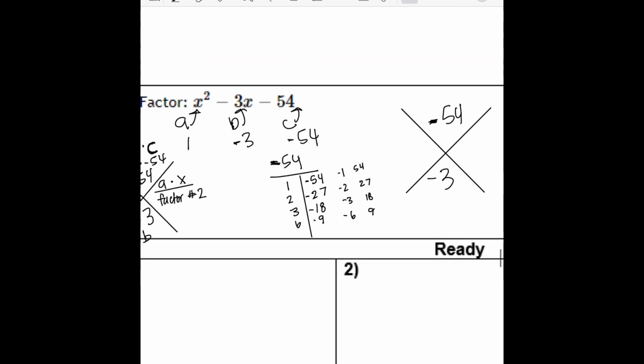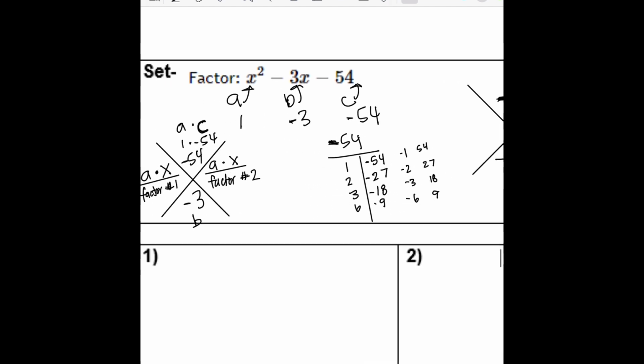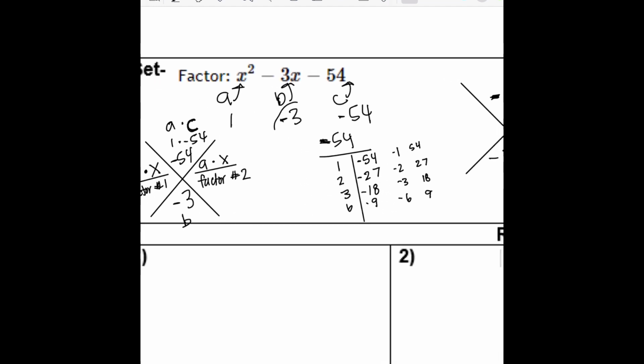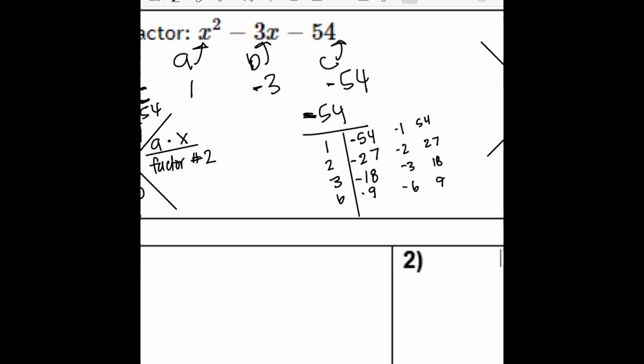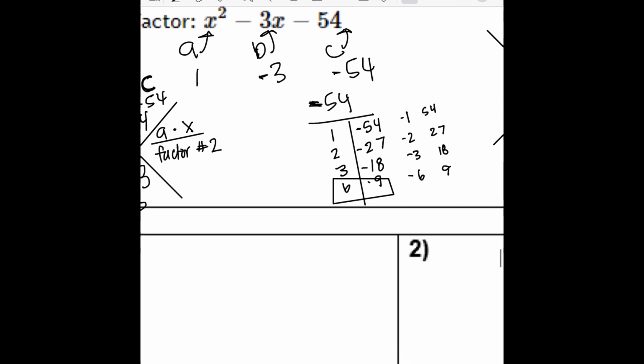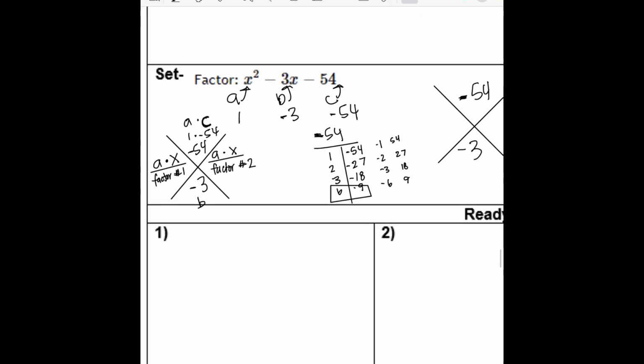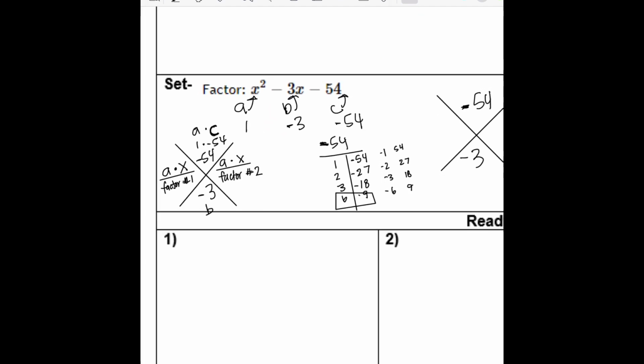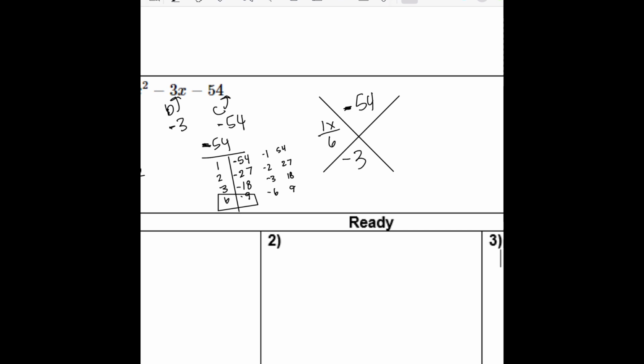Okay, how we know which factors we're looking for is we're trying to find some that add to be this b value. So if you look, 6 plus negative 9 is negative 3. Those are my two side factors that I want. So I'm going to take my a times x, in this case 1 times x, over 6 on this side, and my 1 times x over negative 9 on this side.